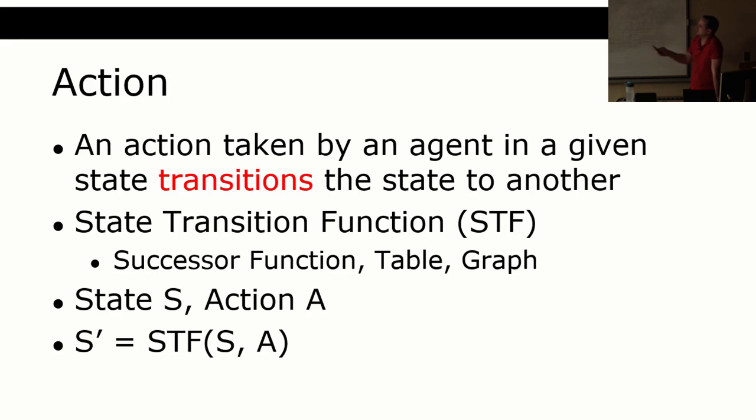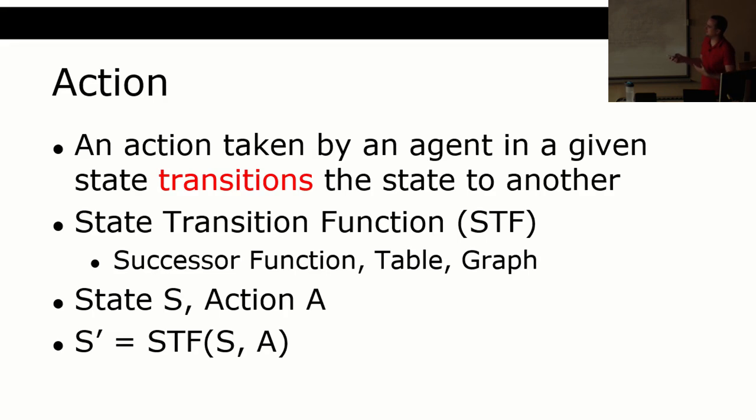I'm just putting it down here so I can list it more succinctly. The state transition function, or successor function, can be represented either by a graph, like I just showed, or by a table. A graph or a table is really only for problems that are small enough, but in general, it's a function that takes in a state and an action and then produces the next state.